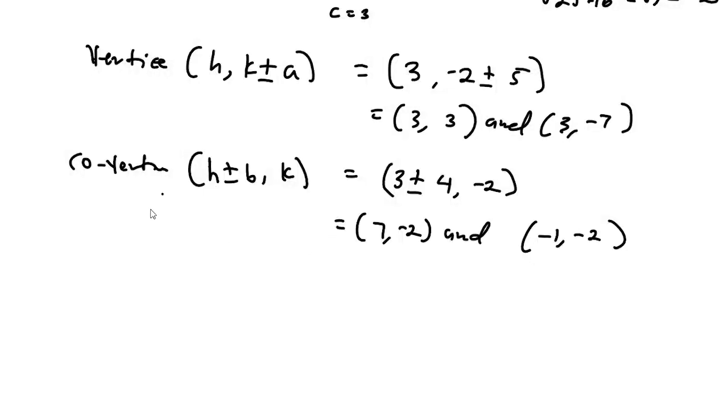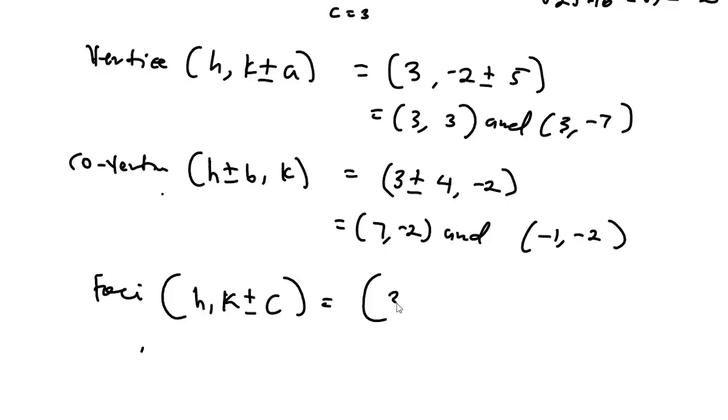Okay. So what happens next? Let's see for our foci. We have the foci, which, when it stretches vertically, are (h, k ± c). Our h is 3, k is -2 plus or minus c, and c is 3.